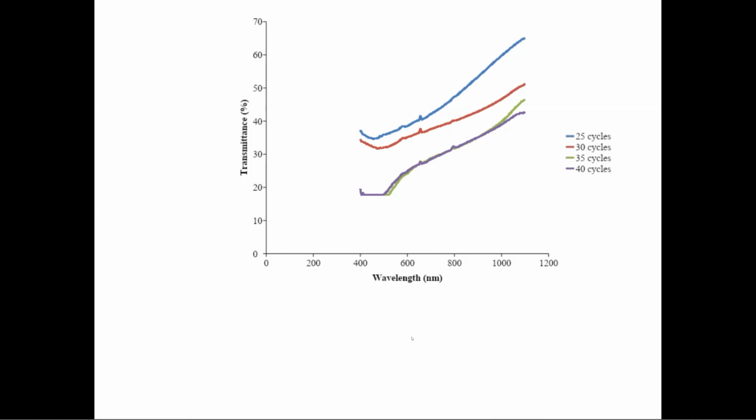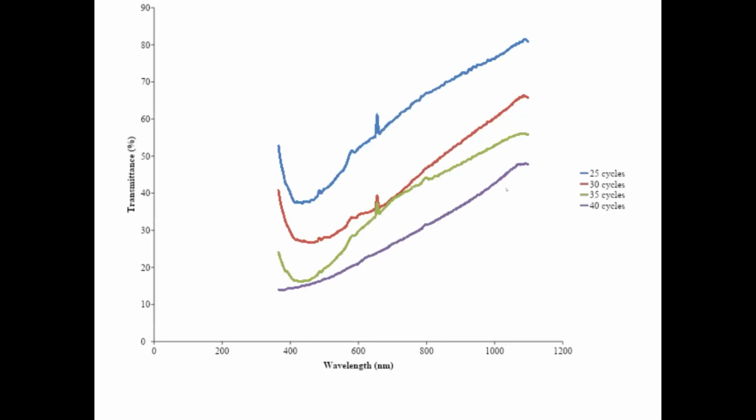But you can notice a kind of overlapping in the graph at 35 cycles and 45 cycles respectively for the transmittance of deposited cadmium oxide thin film. Can you go to the next slide, please?